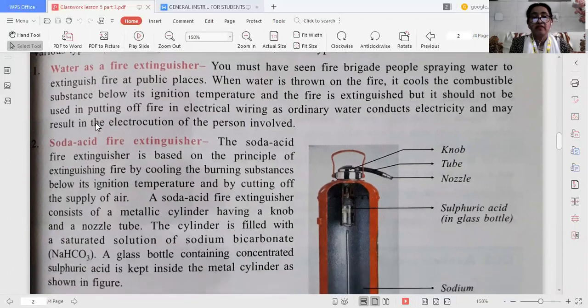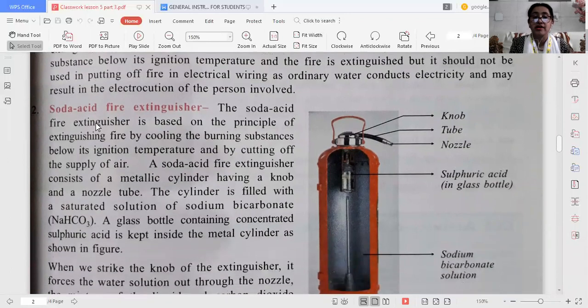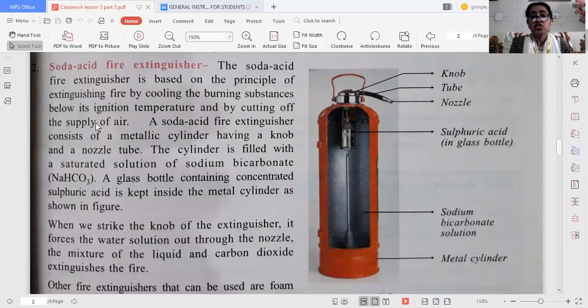Second, the most important one used is the soda acid fire extinguisher. It works on the principle of extinguishing fire by cooling the burning substance below its ignition temperature and by cutting off the supply of air. Two things are going on simultaneously. In the diagram you can see a metallic cylinder having a knob, tube and nozzle.